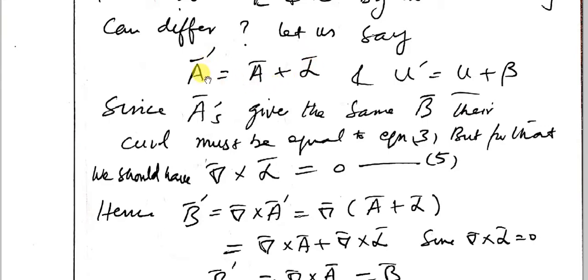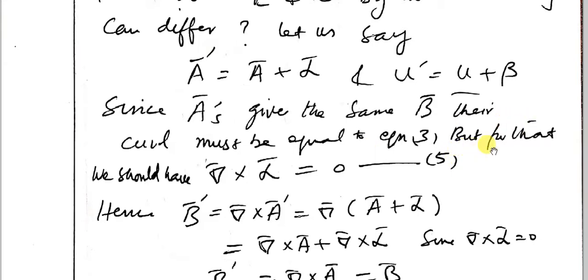So A prime is equal to A plus alpha, and U prime is U plus beta, where beta is some scalar that we can add to the potential U. Since both give the same B, their curls must be equal, equation number 3.